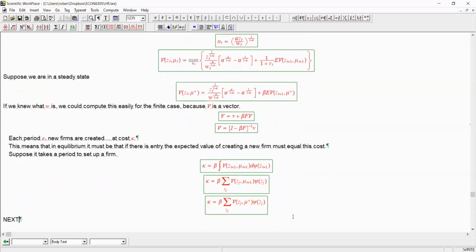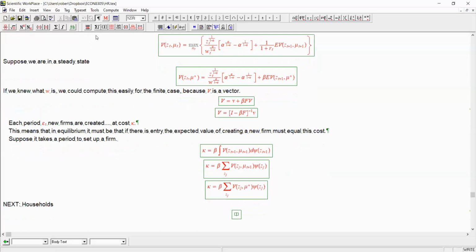Next up, we need to think about our households. To characterize our households, we need to start from the utility function. The instantaneous utility function depends on consumption and leisure. But actually, what we're going to do is go with what we had before in our recent example, where labor is indivisible.